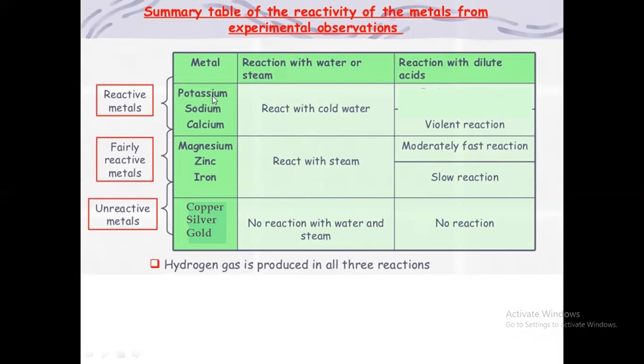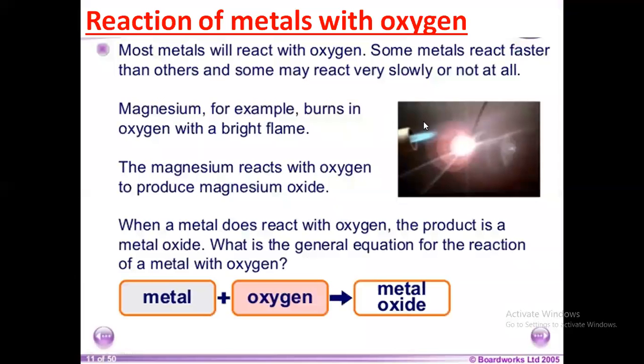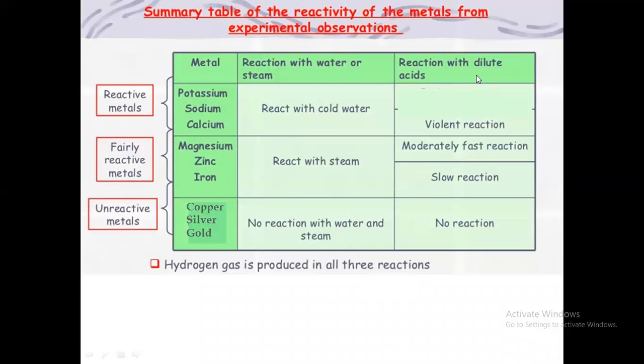if you see this slide, potassium, sodium and calcium react violently with dilute acids. They are highly reactive metals. They show violent reaction with dilute acids, right?